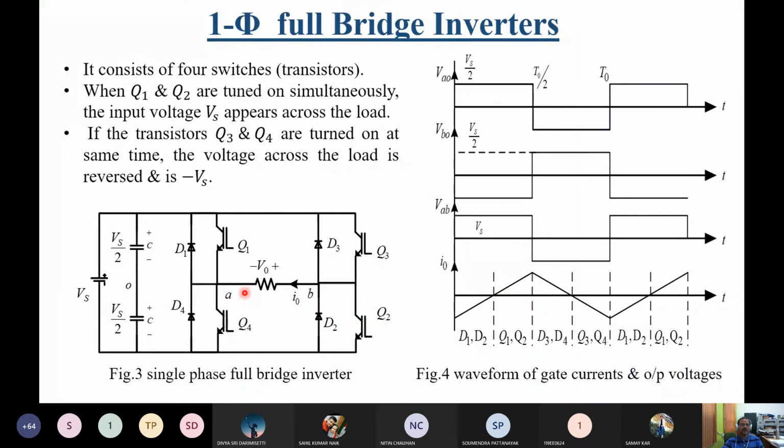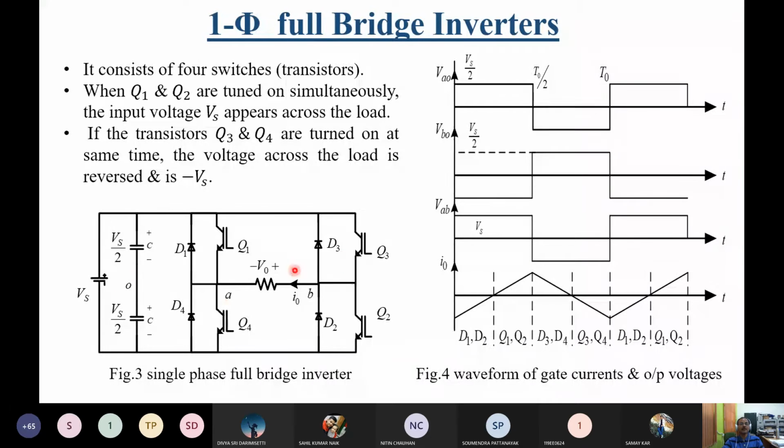A is positive, and this positive voltage appears. This VAB is the supply voltage, so VAB is equal to Vs. Now, when these two are off and Q3 and Q4 are on, B is positive, A is negative. So this negative voltage will appear.